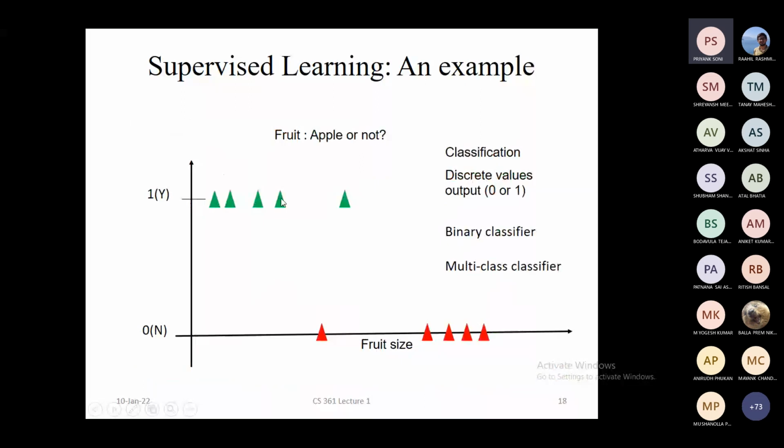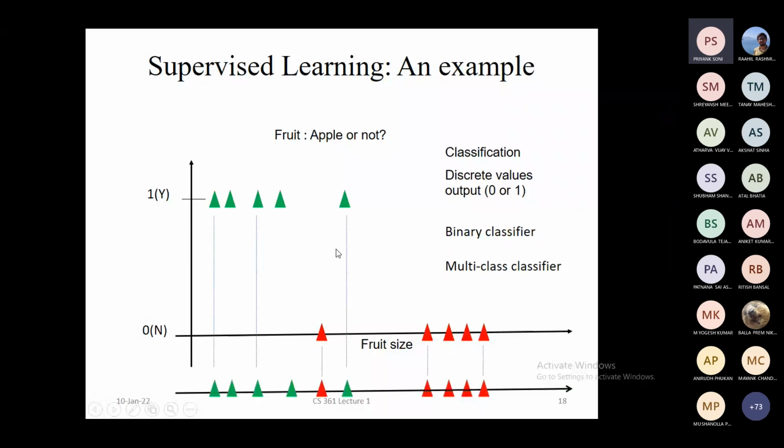Okay, now I give an example of classification here. Now you see there are two sets of points. If you just give a projection onto a single line, you can easily find out that based on the size or something like this, we can differentiate between two clusters.